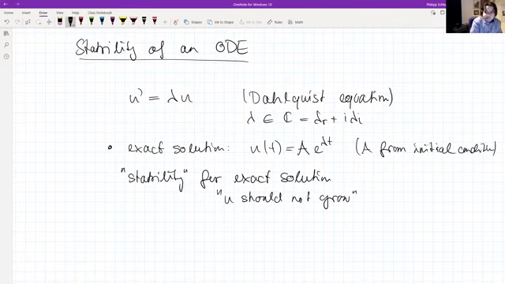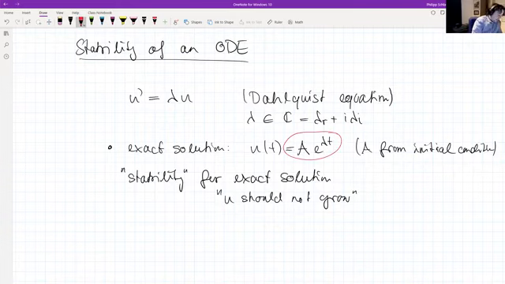And then I guess it's quite clear what condition needs to be fulfilled such that u is not growing. Namely, the condition is that the real part of lambda needs to be lower equal 0. Otherwise, of course, you will have exponential growth. And that's just a consequence of the lambda being here in the exponent.